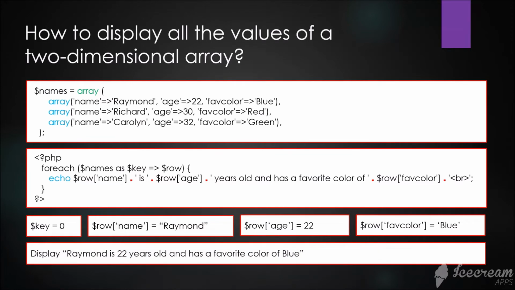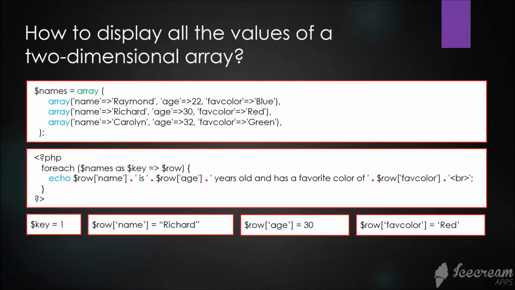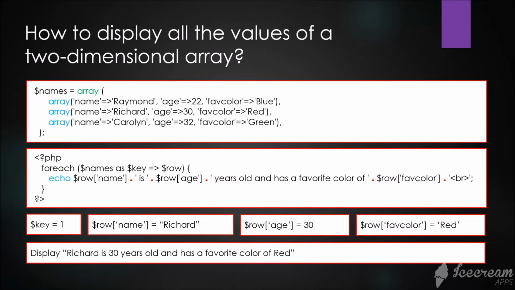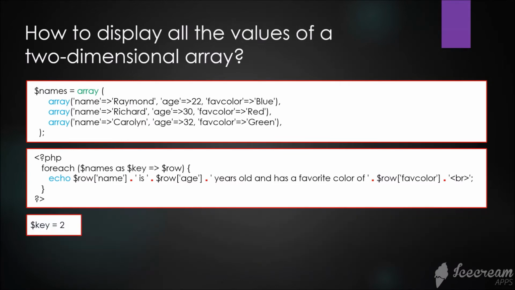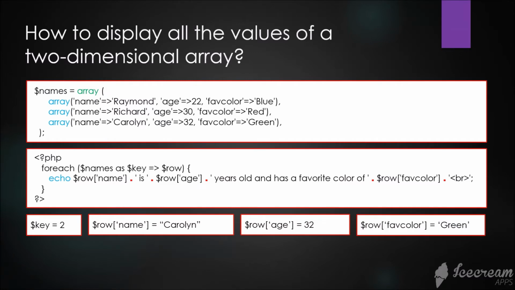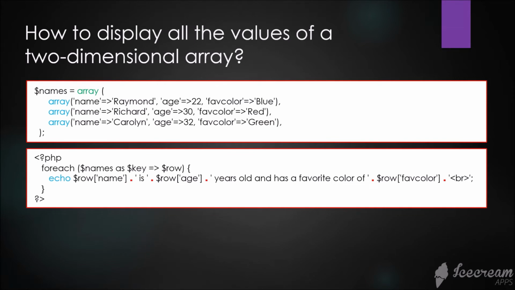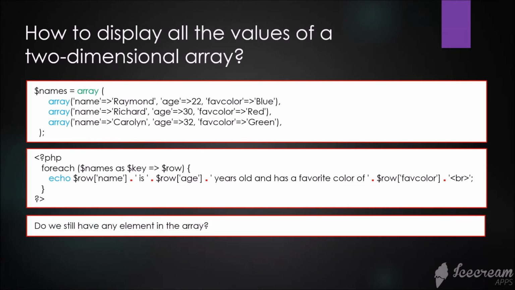Then we're going to display. Next iteration, 1: Richard, 30, and red. Then display. Next iteration, 2: Carolyn, 32, green, then display. Next iteration. Wala na palang iteration.